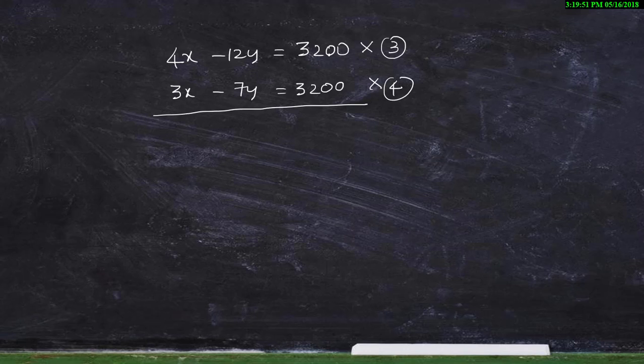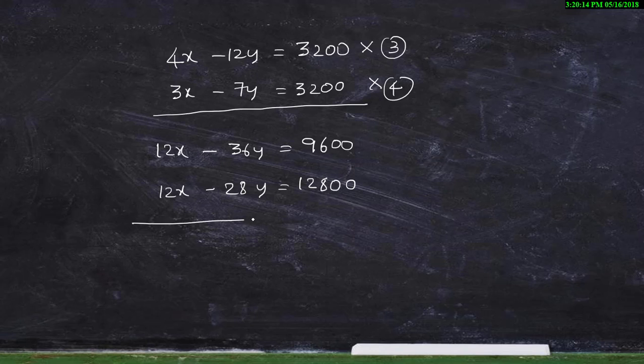Now 4 3s are 12x minus 12 into 3, 36y, is equal to 3,200 into 3, it will be 9,600. Similarly, 4 3s are 12x minus 4 7s are 28y is equal to 4 into 3,200. 4 3s are 12,000 and 4 2s are 800, 12,800.